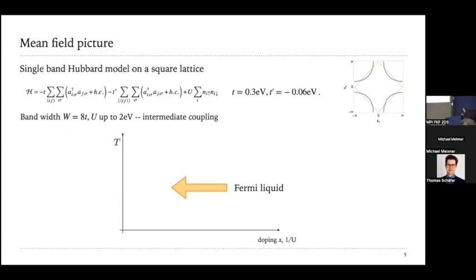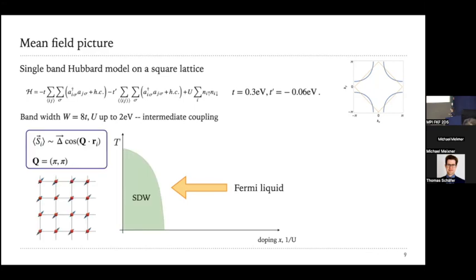So we are going from weak to intermediate coupling. So we know that as we tune the doping closer to half filling or increase the Hubbard U, the system will transform from a normal Fermi liquid to the SDW ordered state. And for simplicity, we will just consider the SDW order at momentum pi, which is this antiferromagnetic order.